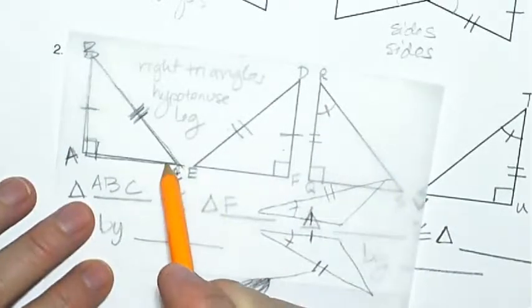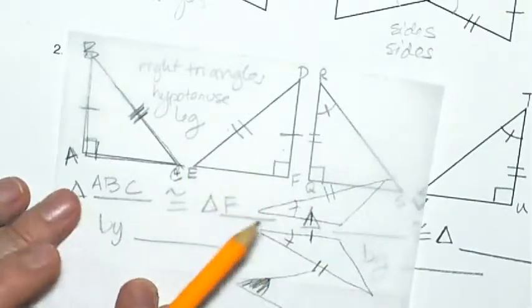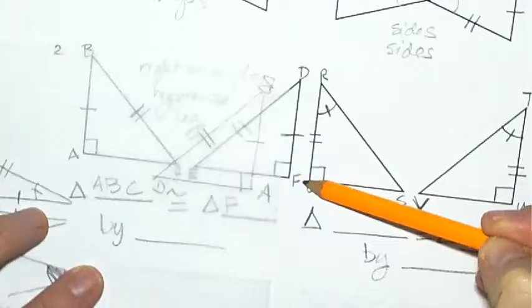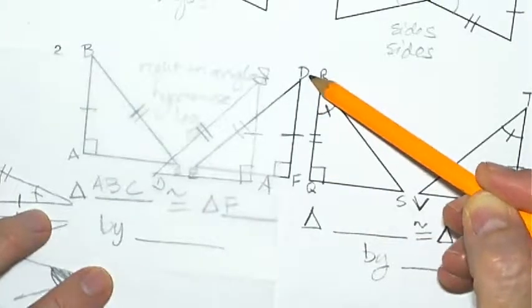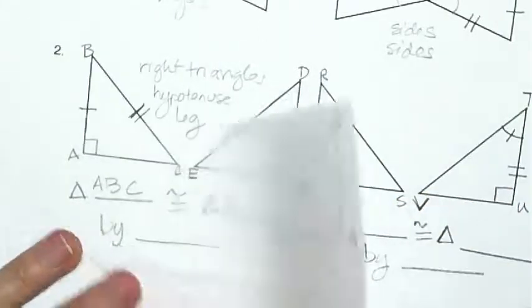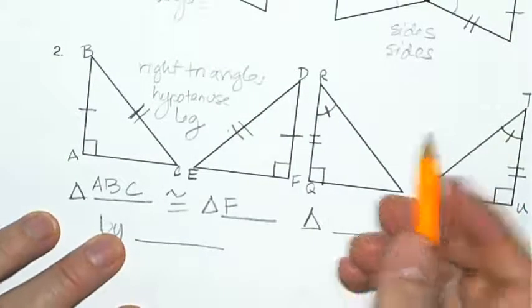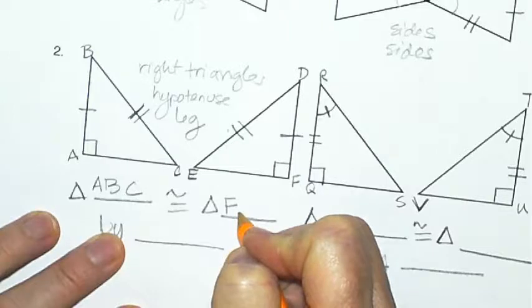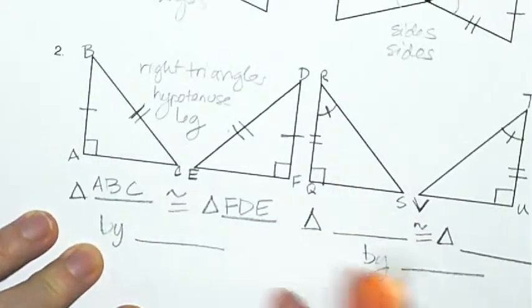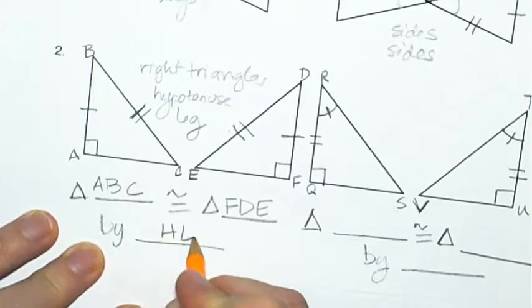Okay, to map this triangle onto this triangle, I would reflect it over a vertical line, and I can see A matches with F, B matches with D, C matches with E. So that's going to be triangle F, D, E. The reason that they're congruent, hypotenuse leg.